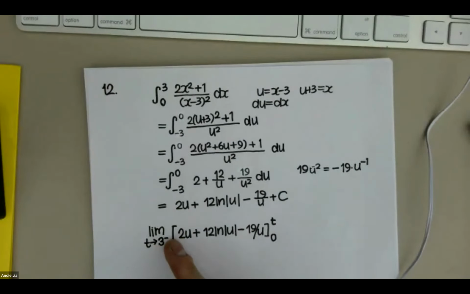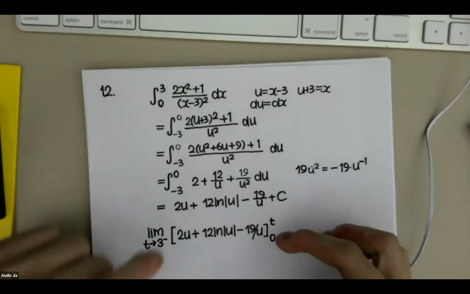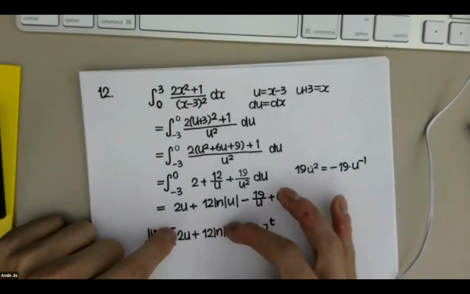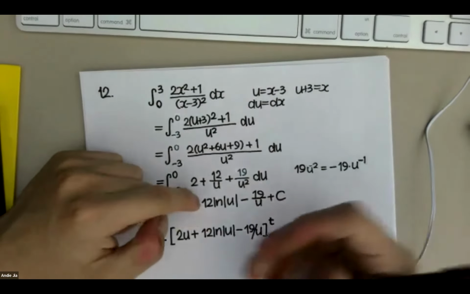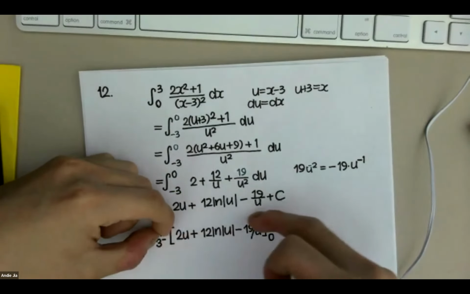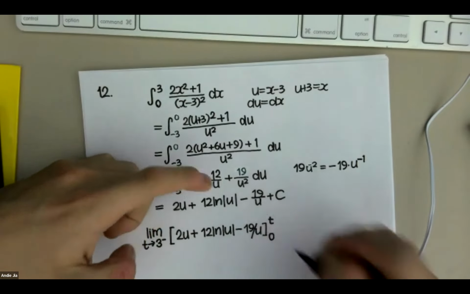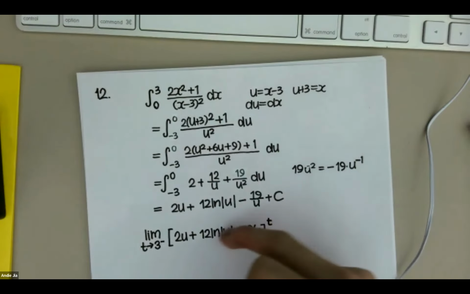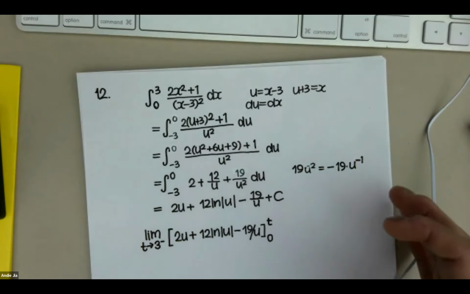So it can be like a -3, or like 6. And now we just do this. 12 is for the log. If you plug in 0 here, it's undefined, and it goes to infinity here.